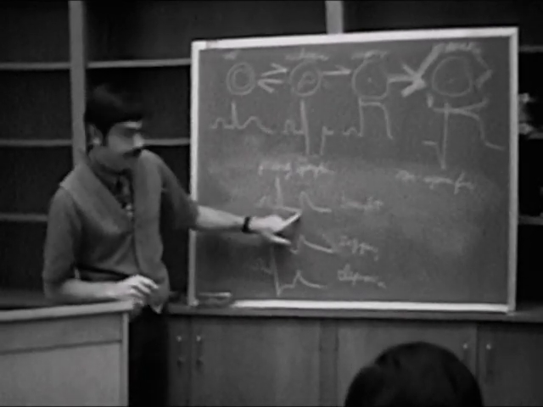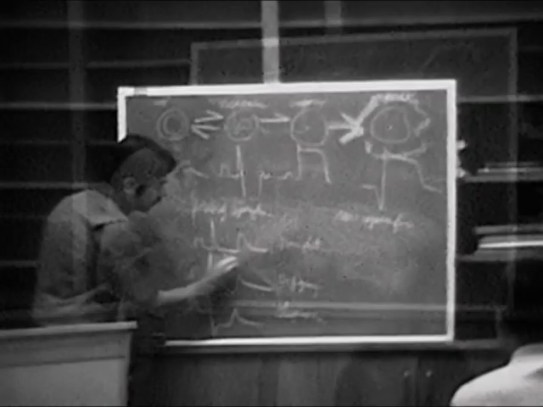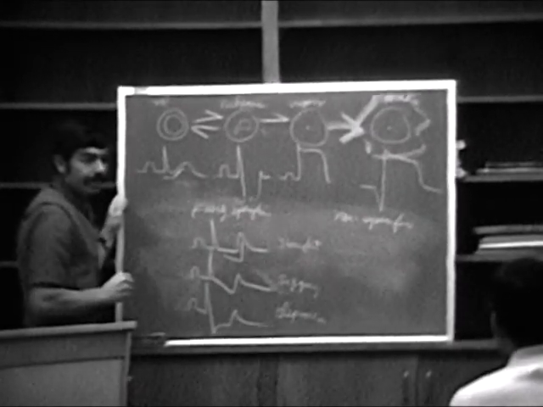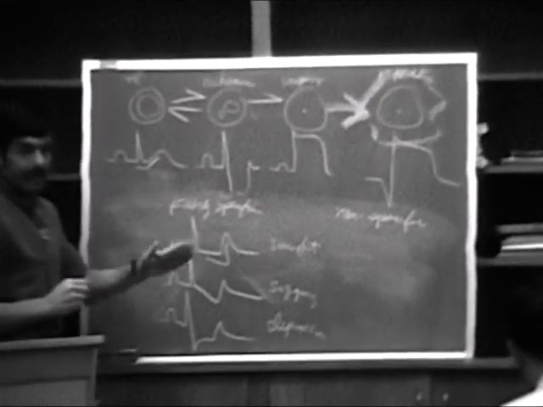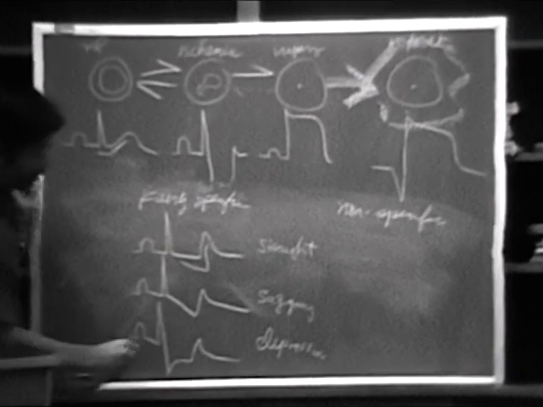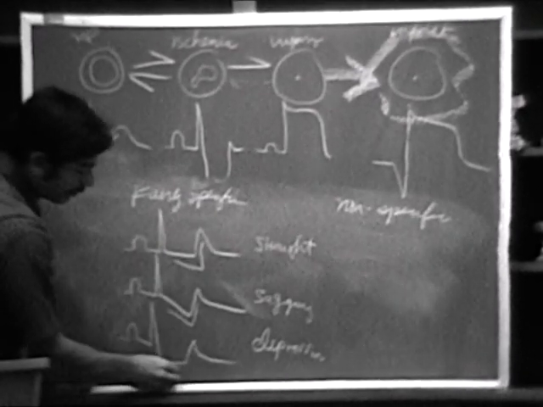It's really the angle here that we're talking about. See the acuteness of this angle. Normally this angle is relatively obtuse. It's the angle between the ST segment and the T wave. And in ischemia, this becomes more acute. You see here how this is becoming more and more acute.